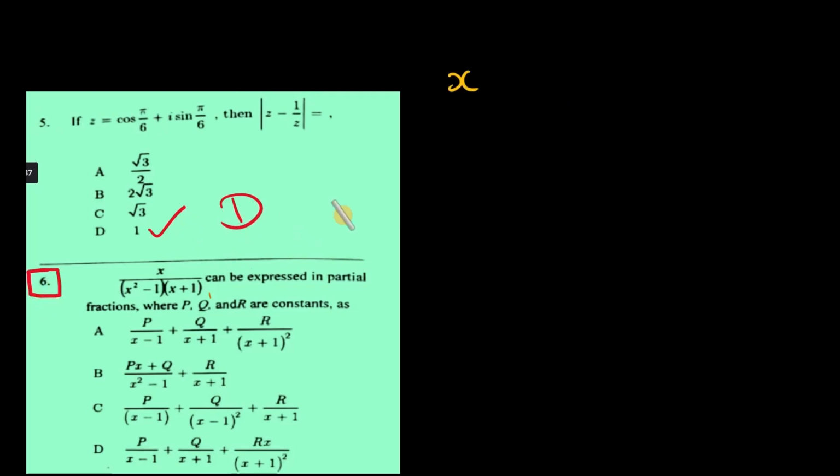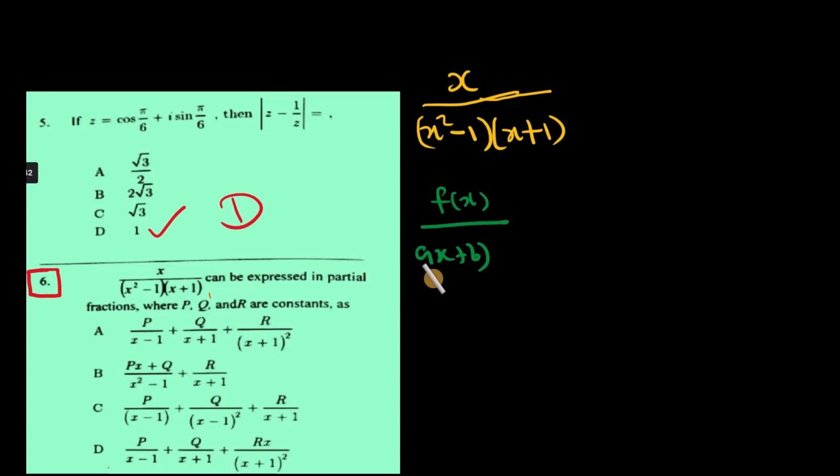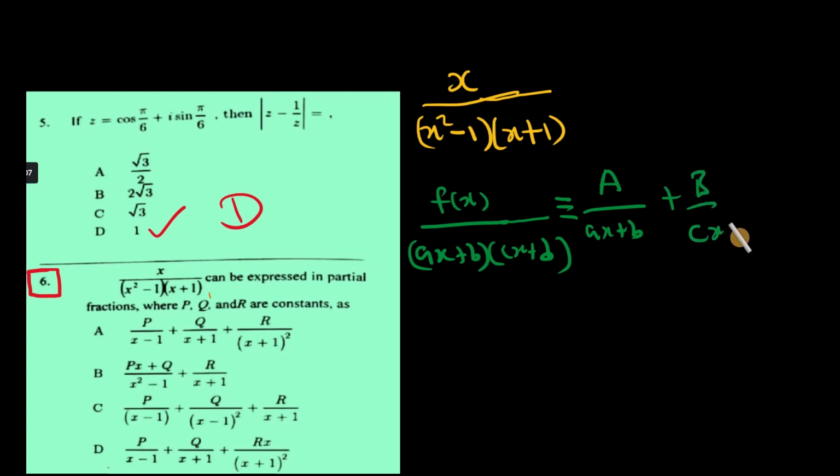Number 6. X all over x squared minus 1 into x plus 1 can be expressed in partial fractions where P, Q, and R are constants as A, B, C, or D. Let's find out. You know, if we have a partial fraction in the form f of x all over ax plus b into cx plus d, we can express it as A over ax plus b plus B over cx plus d.